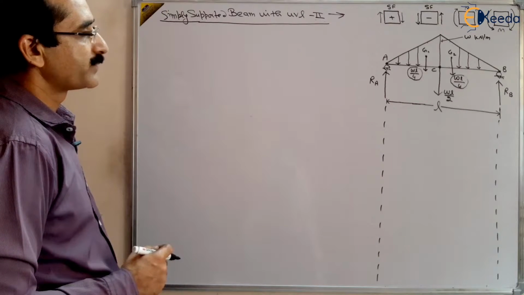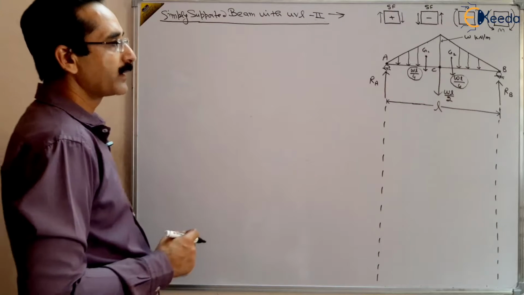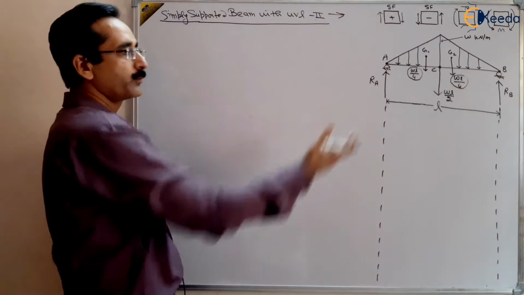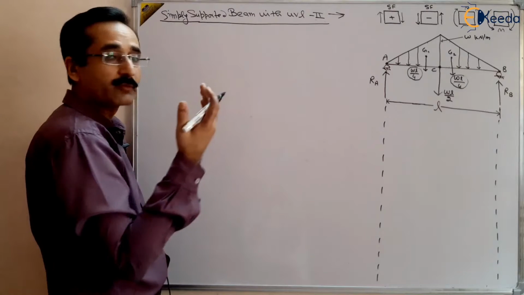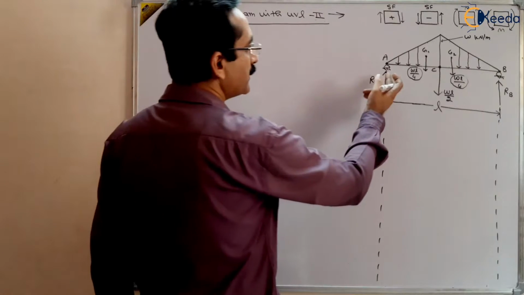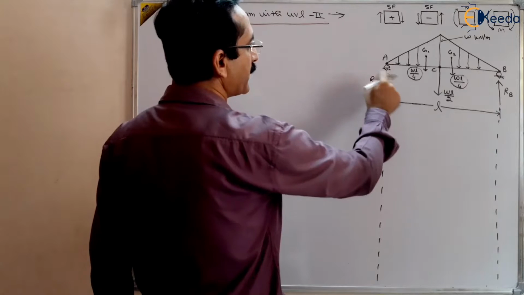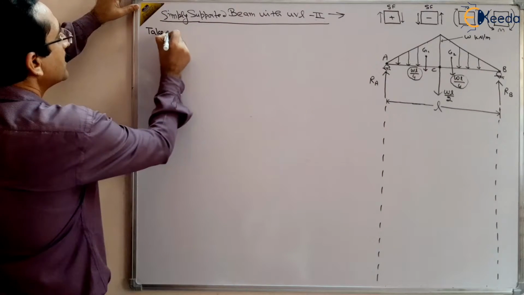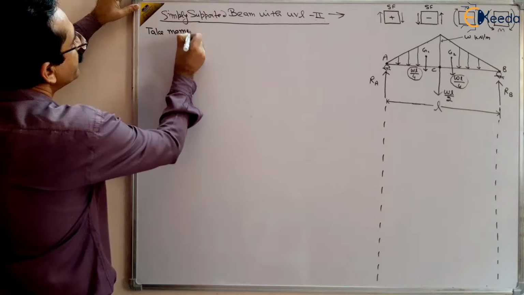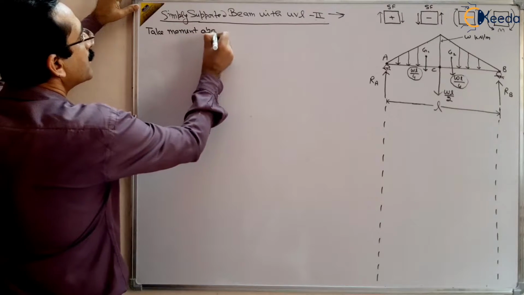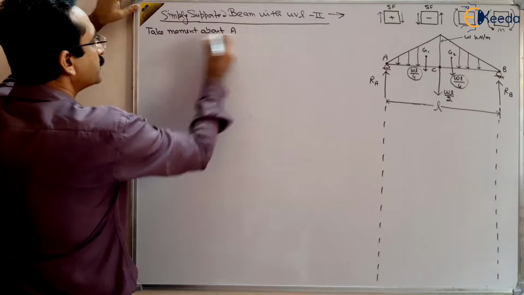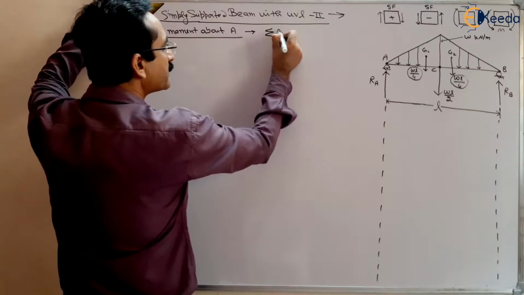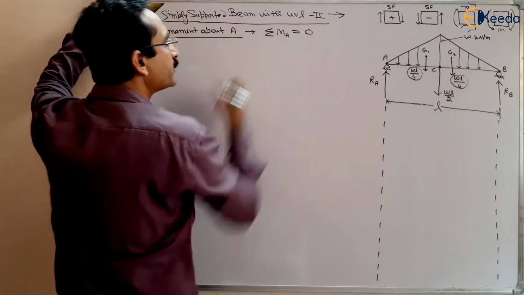Now, finding the reactions RA and RB. Take moments about any hinge or roller point; the sum of the moments about point A will be equal to 0. So take moment about point A, and the sum of the moments should be equal to 0.